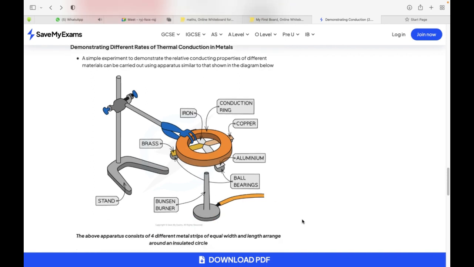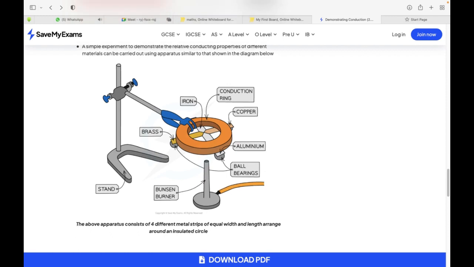And then we have what we call ball bearings, to stick the different metals to this conduction ring. You see, there's a ring here, ball bearings everywhere, holding the different metals to the conduction ring.